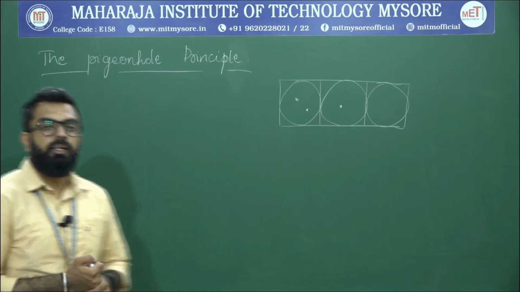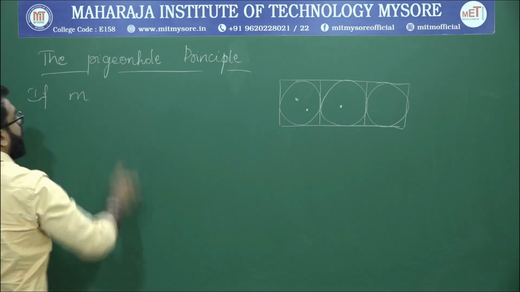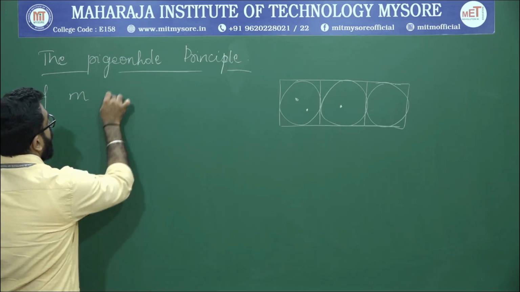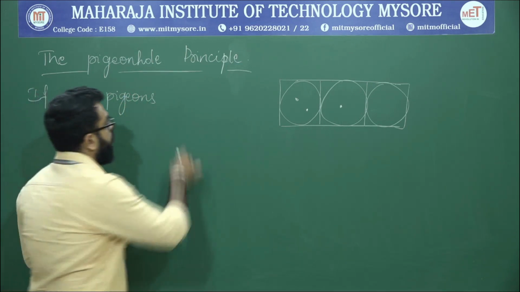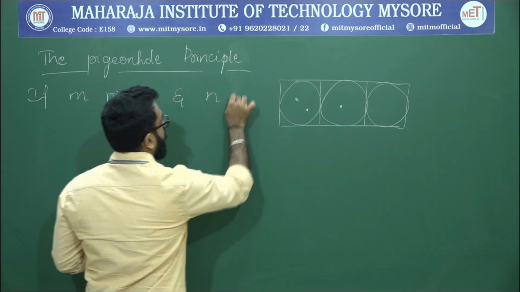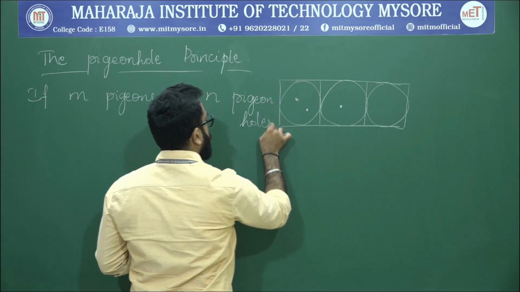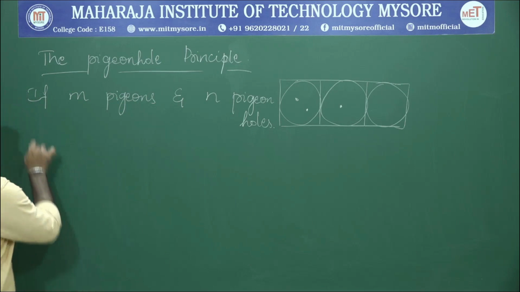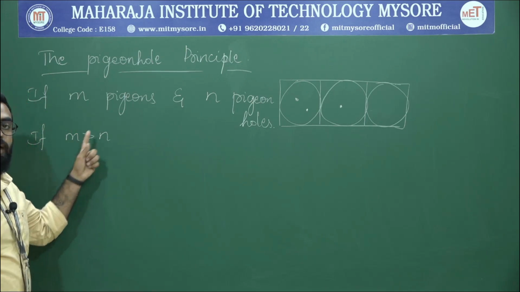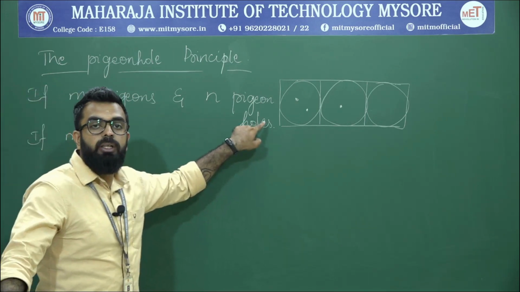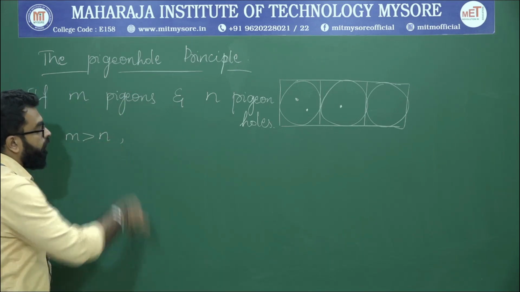Now assume there are m number of pigeons and n number of pigeonholes, and m is greater than n, meaning there are more pigeons than the available pigeonholes. If m is greater than n, what happens now?